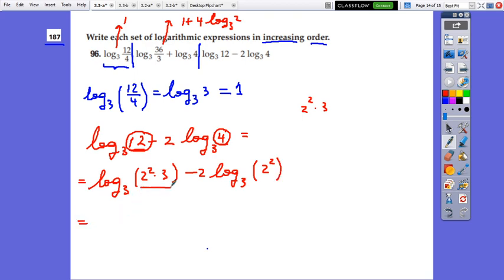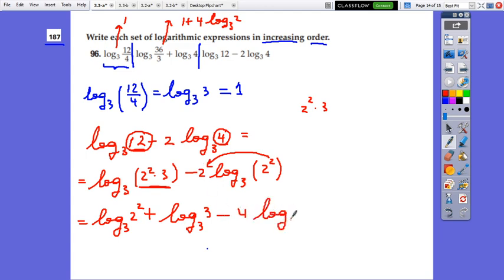Equals, by the product property, log base 3 of 2 squared plus log base 3 of 3. The 2 goes outside the log, so 2 times 2 will be minus 4 log base 3 of 2.